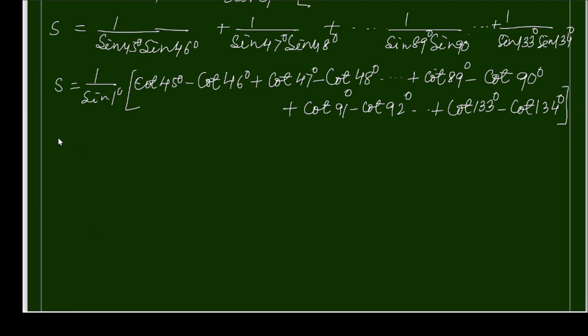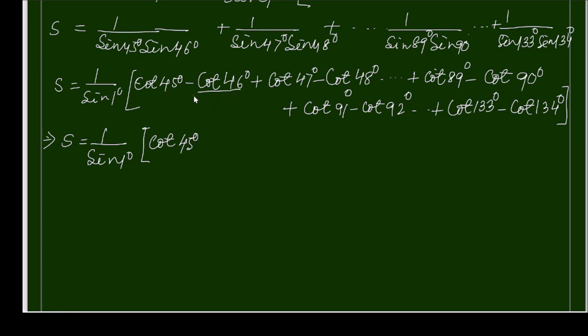Next, what to do? The sum S is equal to 1 by sine 1 degree times: here cot 45 is 1, I can write this value.